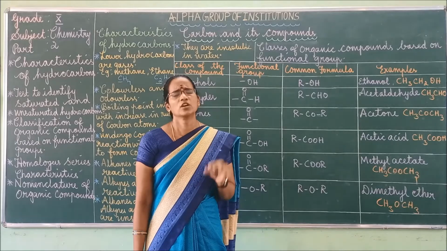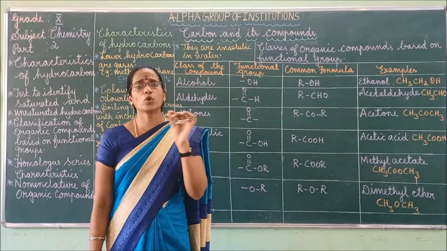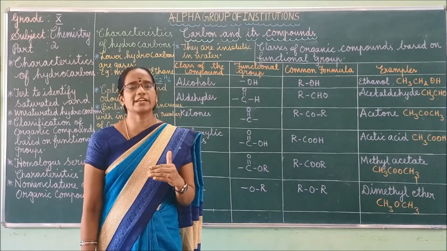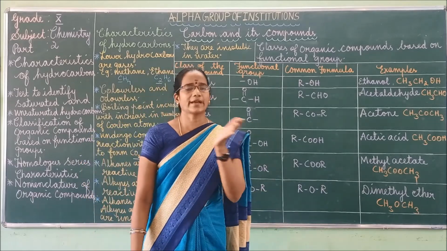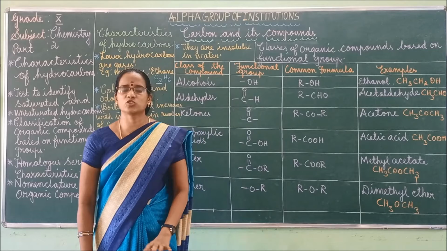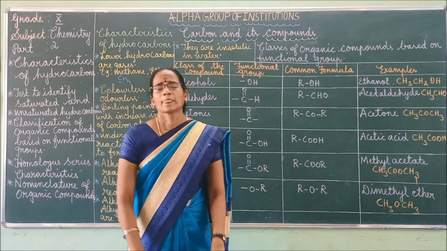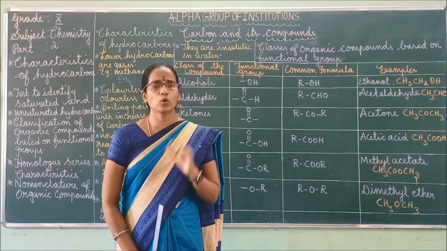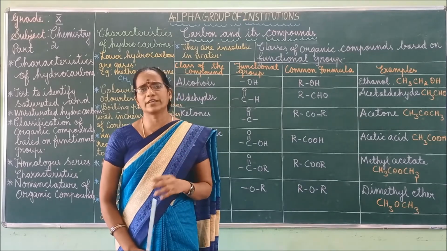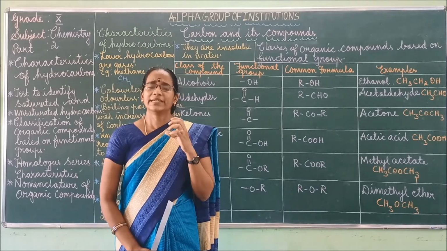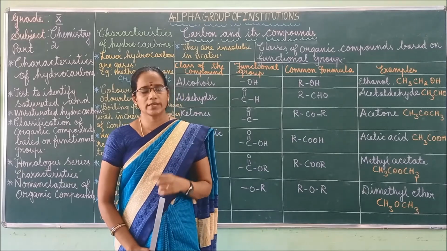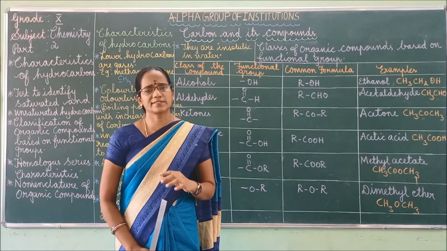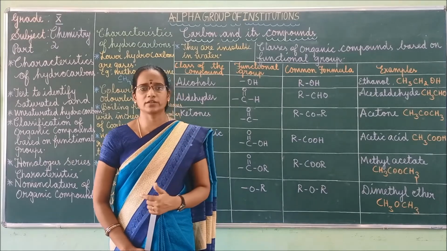For this, the bromine water test is mainly used to differentiate saturated hydrocarbons from unsaturated hydrocarbons. Bromine is a reddish brown liquid, and it is soluble in water. Its aqueous solution is called bromine water.